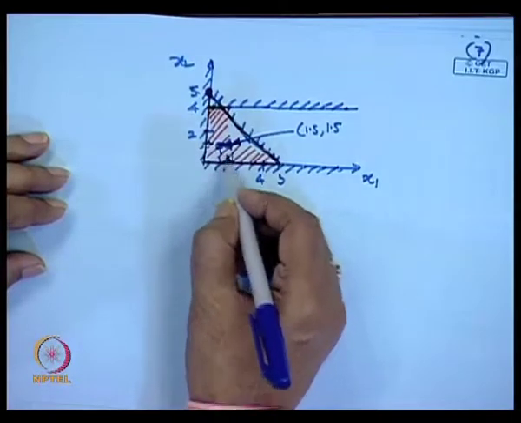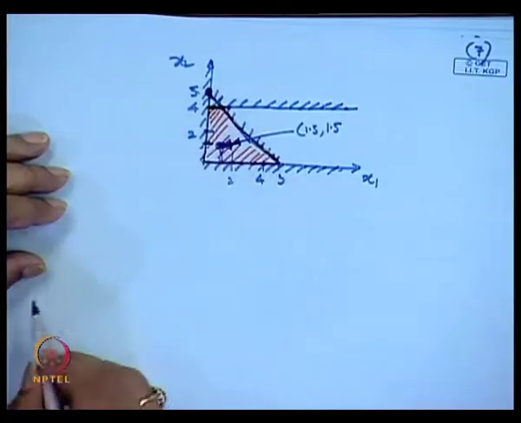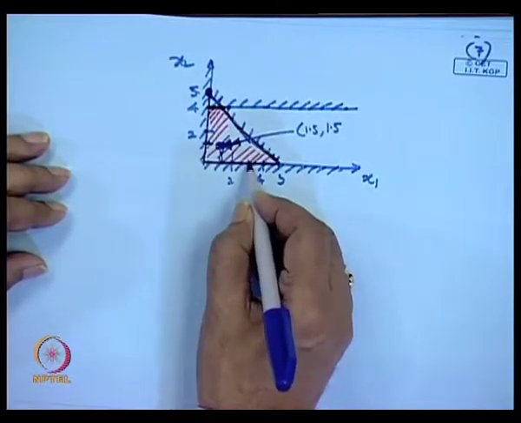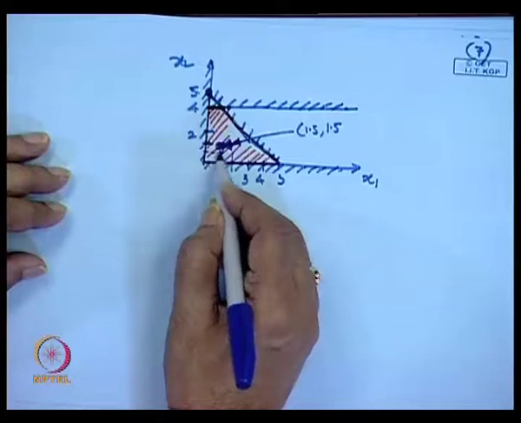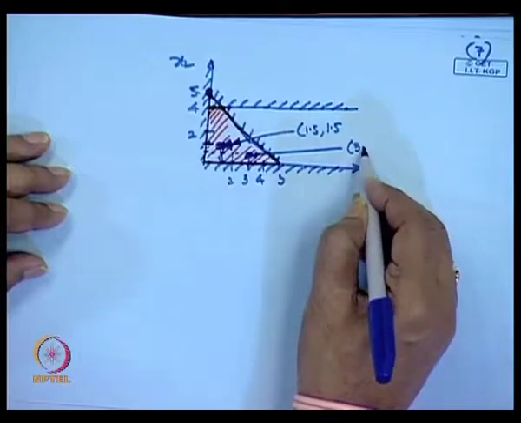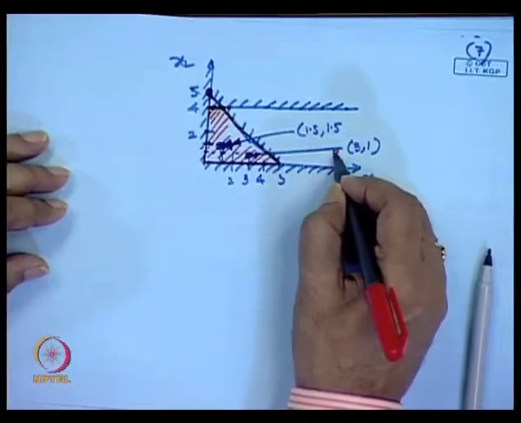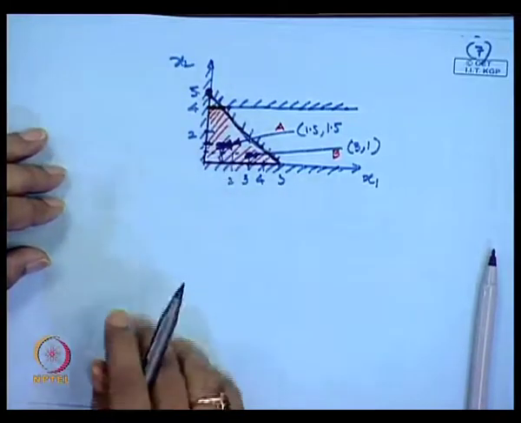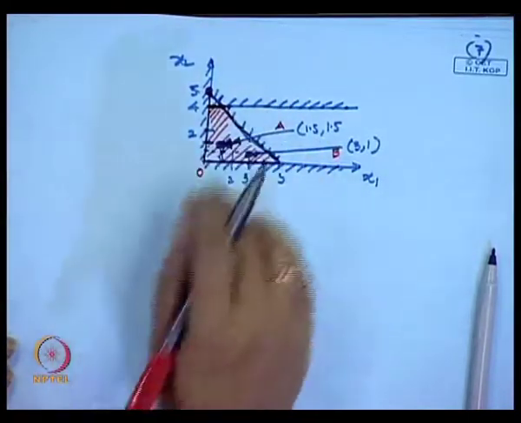This coordinate is 1.5 and this coordinate is 1.5 here. Then another coordinate you consider is 3, 1. Let us call this 2, this is 3 and 1, which will be somewhere here. So, this coordinate is 3, 1. This point we will call point B and this point we will call point A. So, we have considered 2 interior points inside the feasible region.